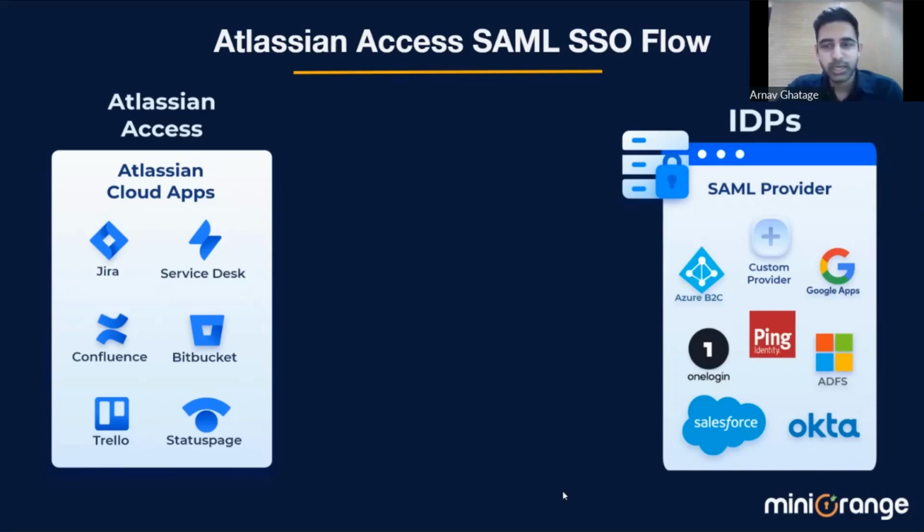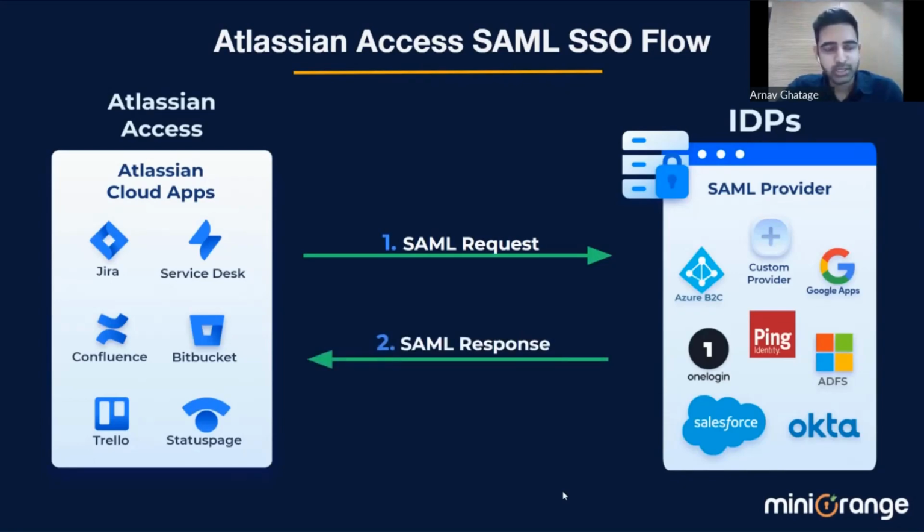So Atlassian will send a SAML request to the IDP to confirm the identity of the user as the user is stored in the IDP. Once the IDP successfully authenticates the user, it sends back the SAML response to Atlassian Access with the user information, and then the user is logged in.